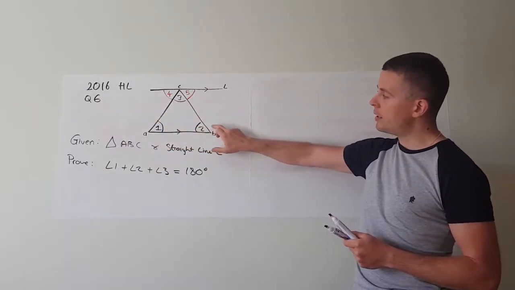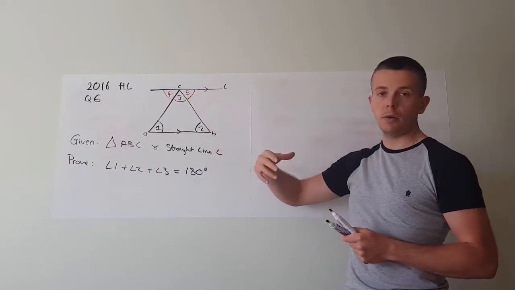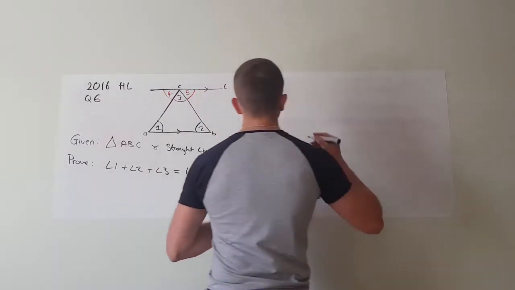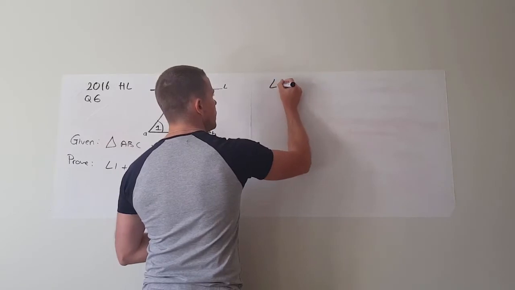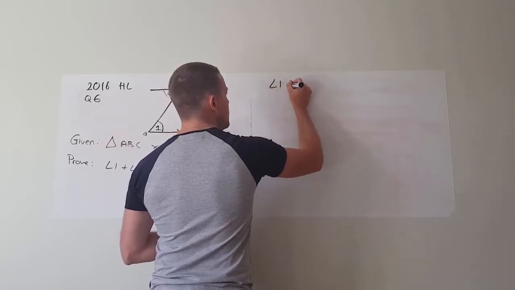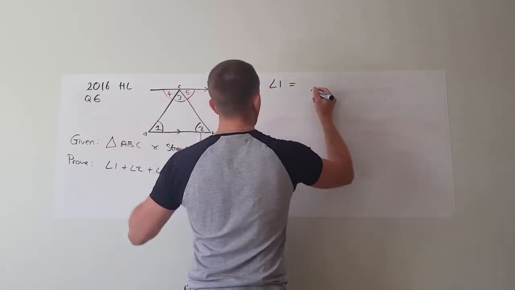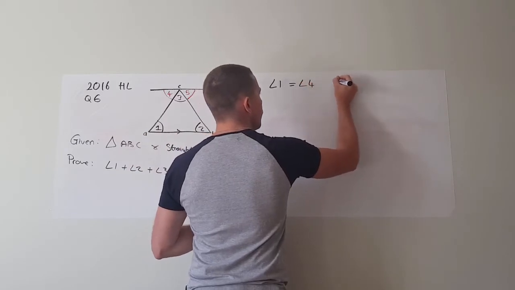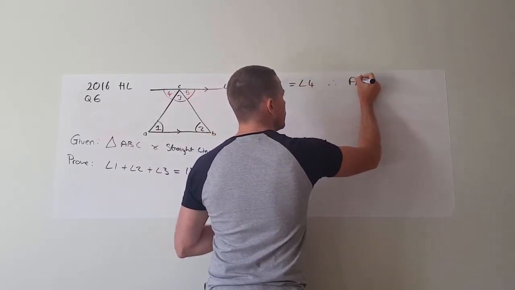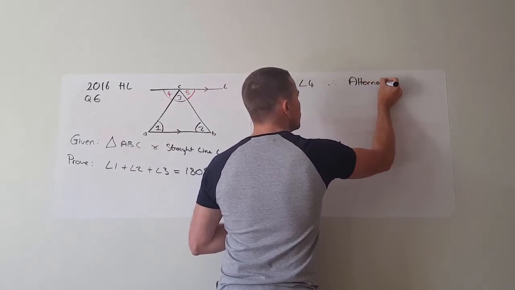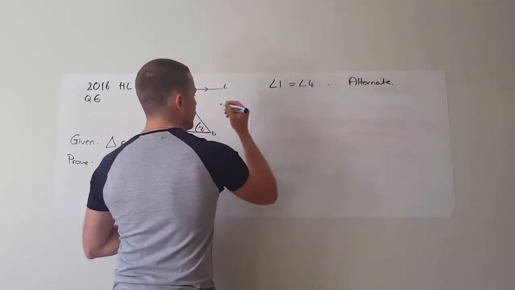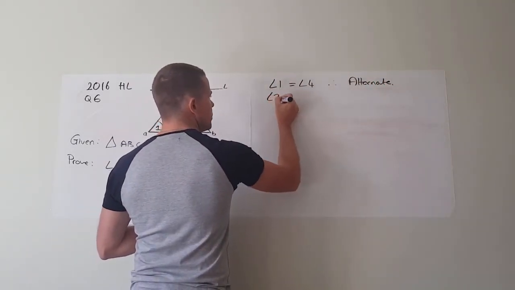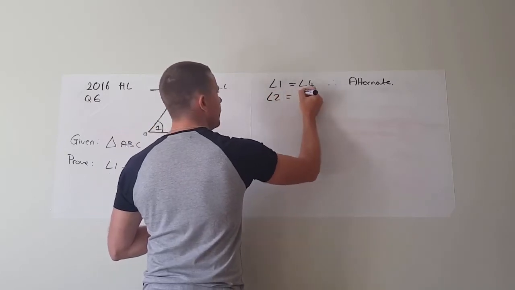We can also say that angle 2 and angle 5 are equal because of alternate angles. So that's the first thing. Angle 1 is equal to angle 4. Why? Because they're alternate. We can say the same is true for angle 2 equal to angle 5.